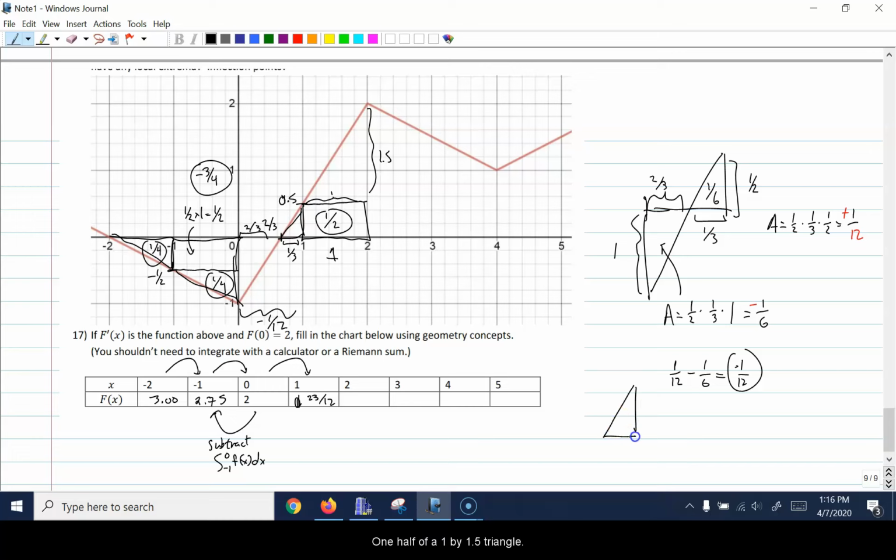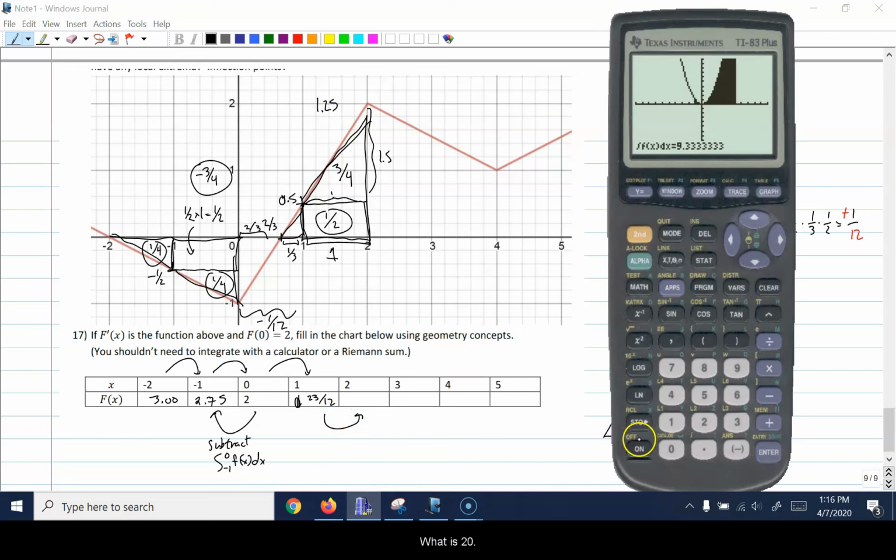So 1/2 times base times height is half of 1.5, which is 3/4. So the total integral from 1 to 2 is 1/2 and 3/4, which is 1 1/4. That's how much this increases by.